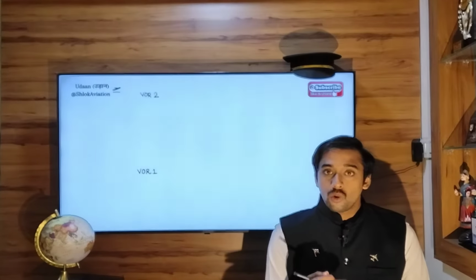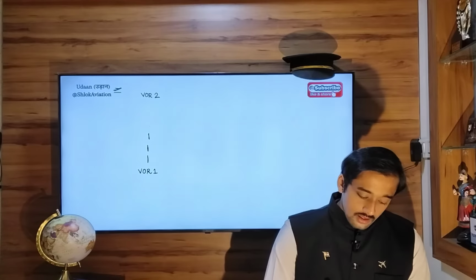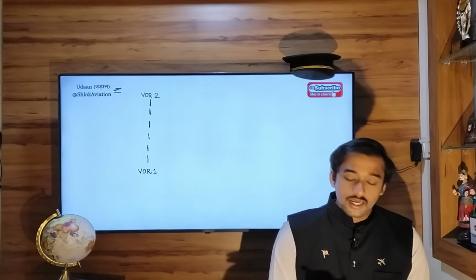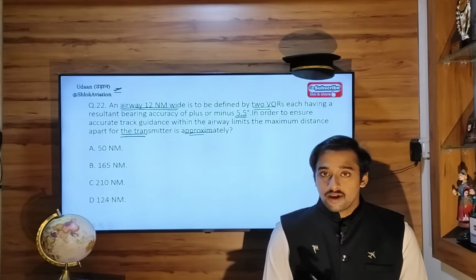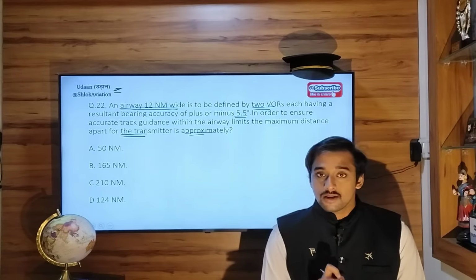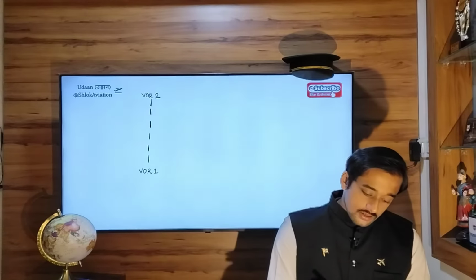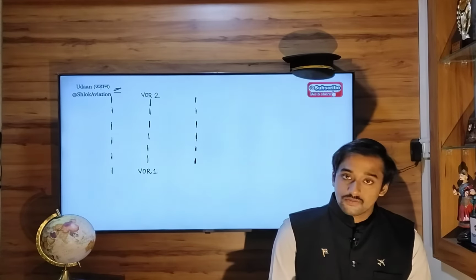Now when you travel from one VOR to another, you fly along a particular radial. You fly on the center line of this radial. But as given in the question, this airway, which is determined by our radial, is 12 nautical miles wide. That means 6 nautical miles on the right side and another 6 nautical miles on the left side.